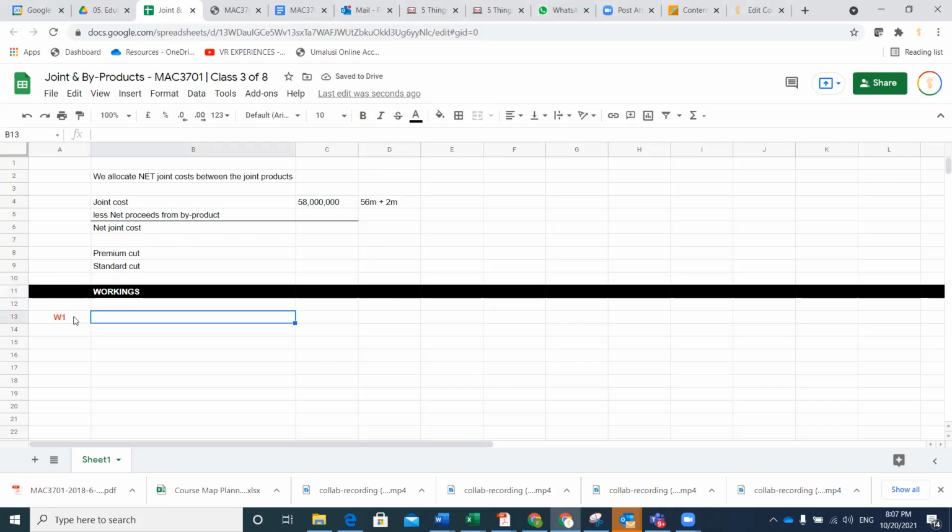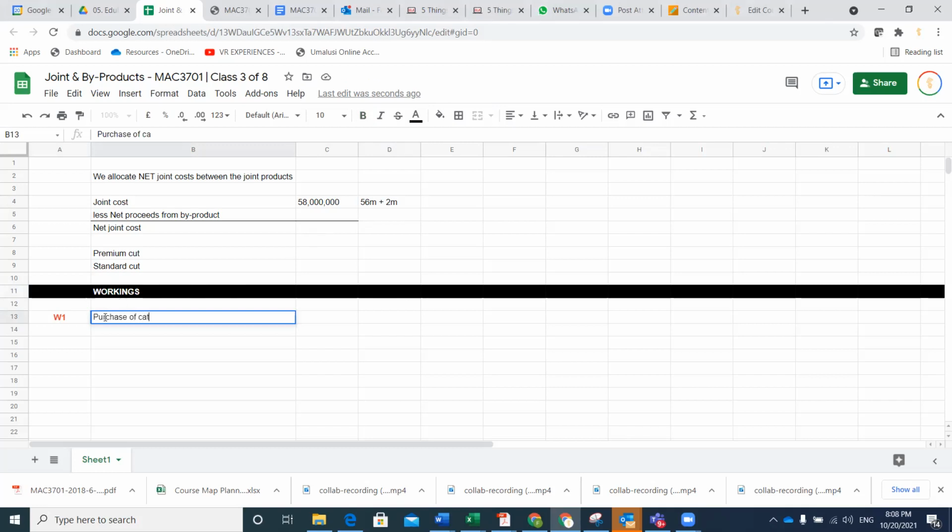Let me just complete the joint cost so we actually have something more. In an exam, you can simply do that, because it's a very basic calculation. I'm going the extra step and doing it the longer way so you can see the thought process going through my mind. But in an exam, you don't have to do working one, you simply write it as I have it over there.